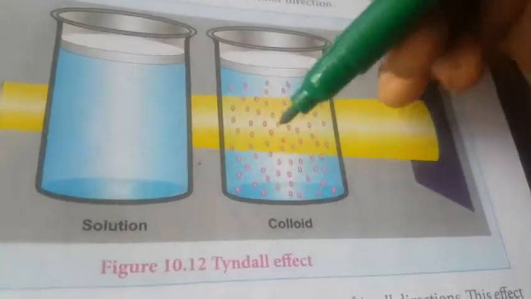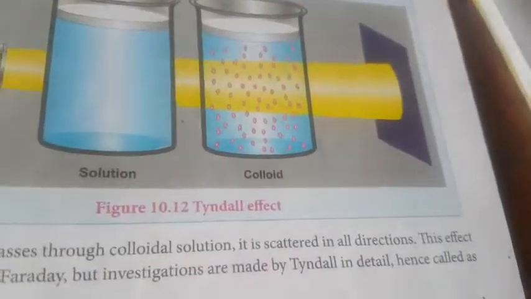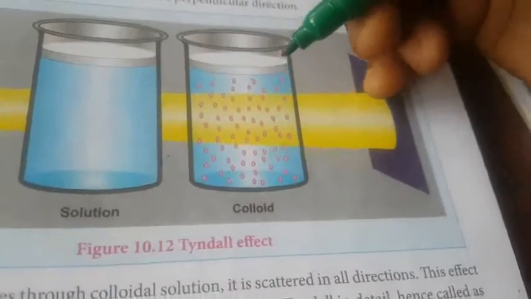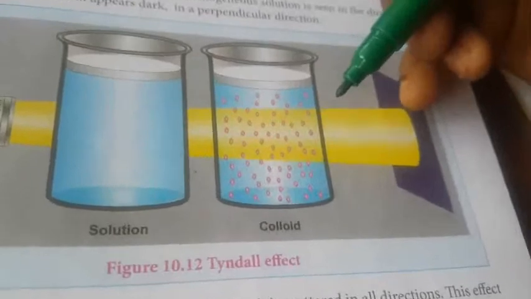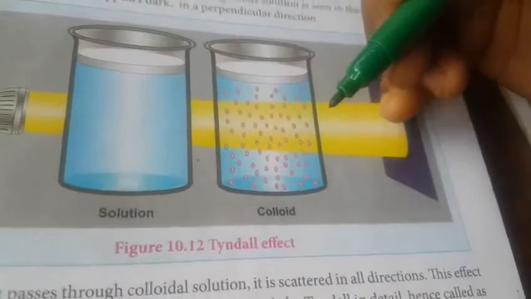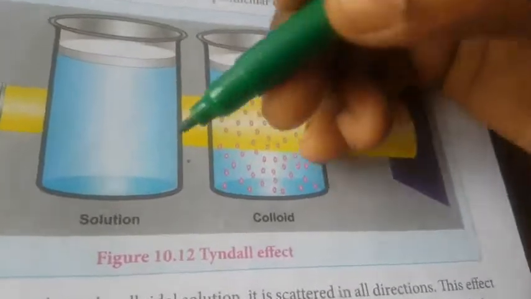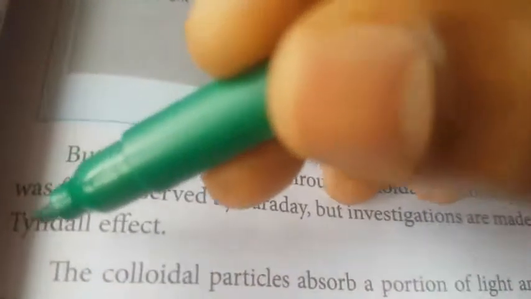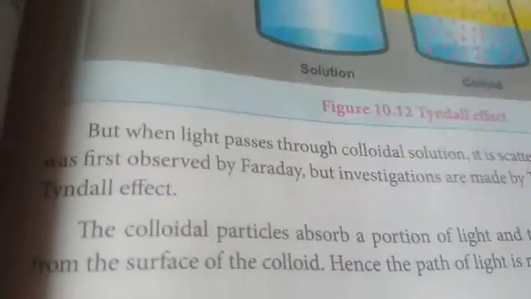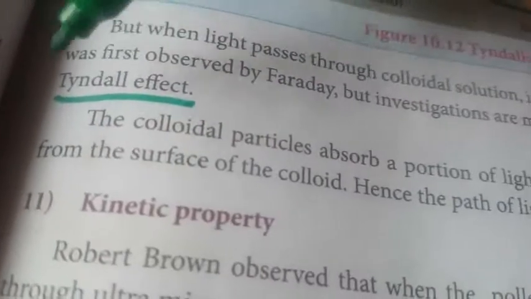This is called the Tindall effect. What is meant by Tindall effect? When a light passes through the colloidal solution, it is scattered in all directions. This effect is called the Tindall effect.